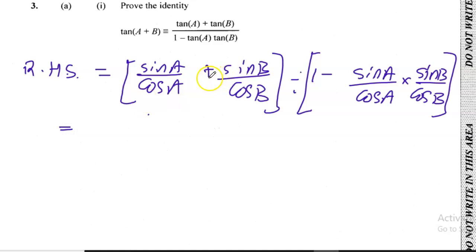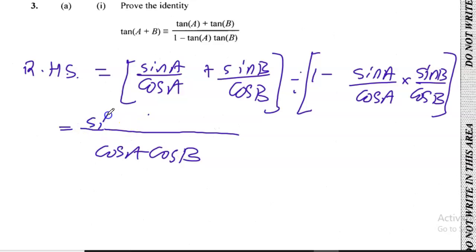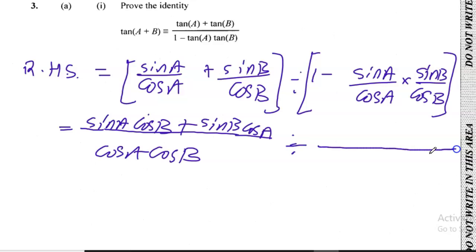So the numerator, which is the first bracket here, the common denominator would be cos A times cos B, and sin A cos B plus sin B cos A, divided by, over here now, the common denominator would be cos A cos B, and so 1, we of course will rewrite 1 as cos A cos B, right?